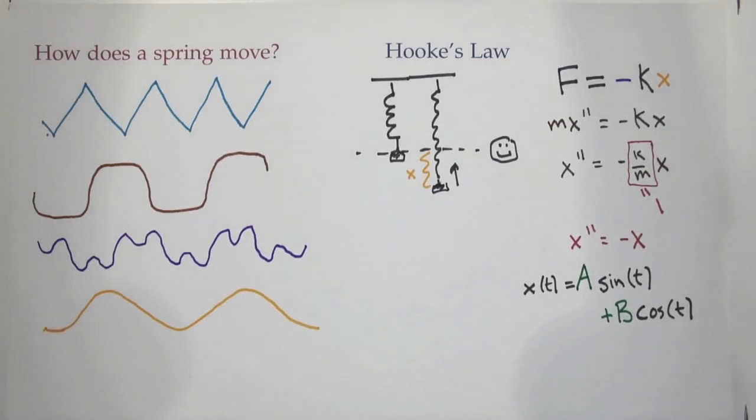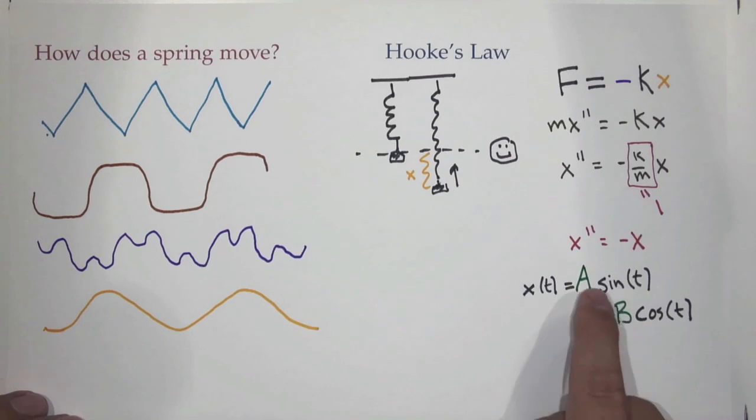Now you might say, well, what if we don't have k over m equal 1? What if we have k over m equal something more complicated? What do you think would change about our answers? Would the coefficients change or would something else change?